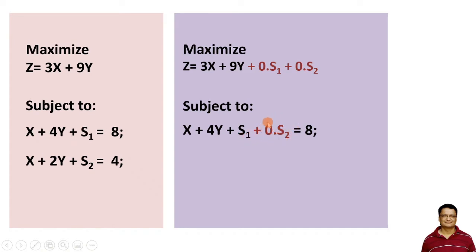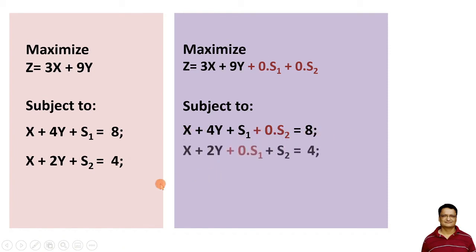So this is going to be the 0 term, but I need this to make things simpler. We have 4 variables over here now: x, y, s1 and s2 in the same order, and I have written a 0 coefficient for s2 in the first constraint, and the remaining things are the same.